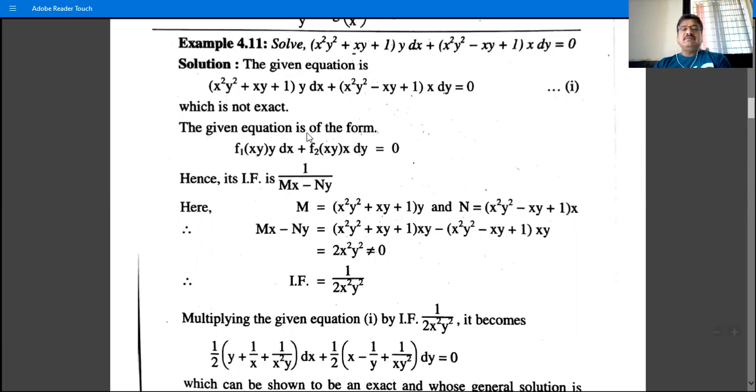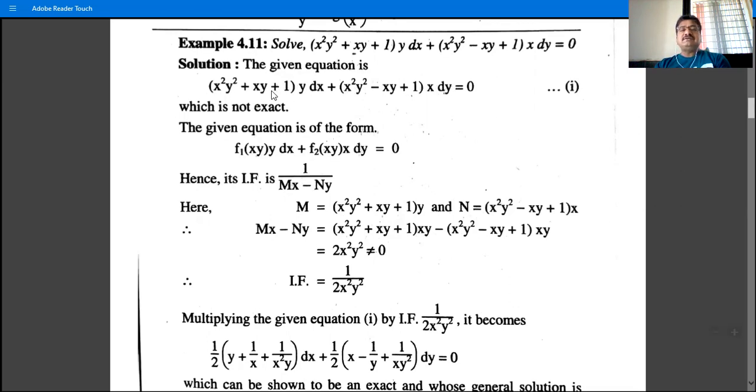So the given differential equation is of the form f1(xy) y dx. What is f1(xy)? Some function of xy, because when we say this bracket, each term of this function is a power of x into y. So this is (xy) square, this is (xy) raised to 1, this is (xy) raised to 0.